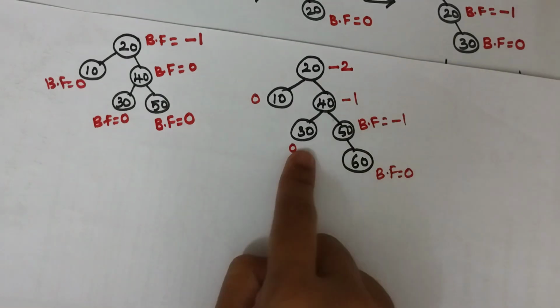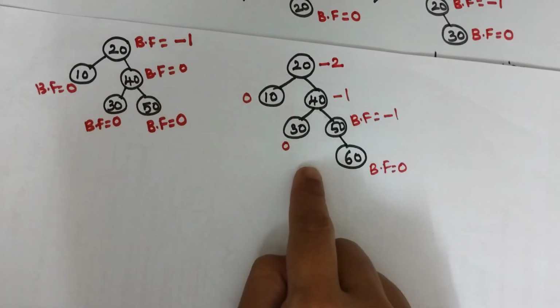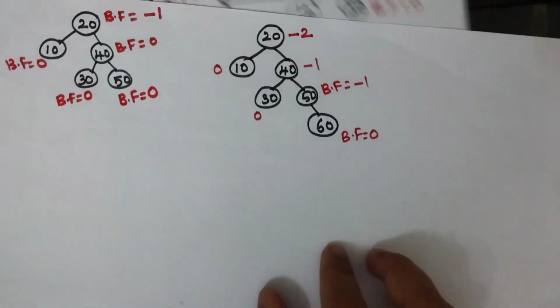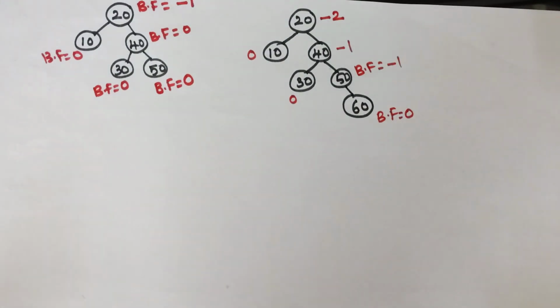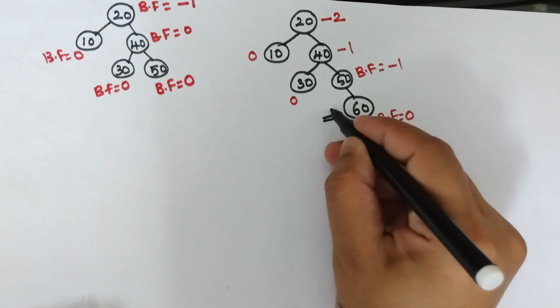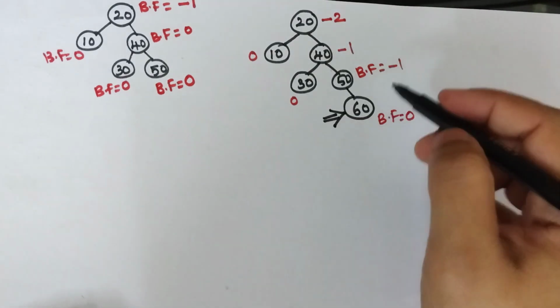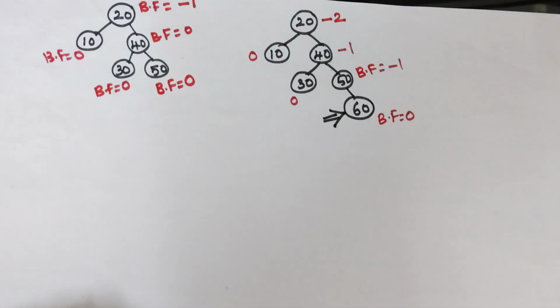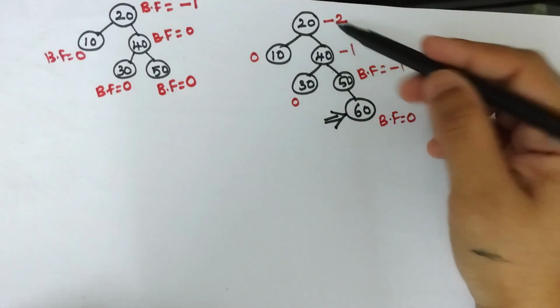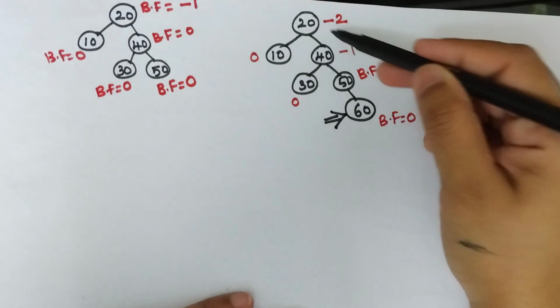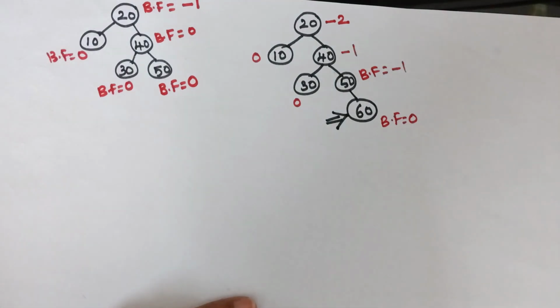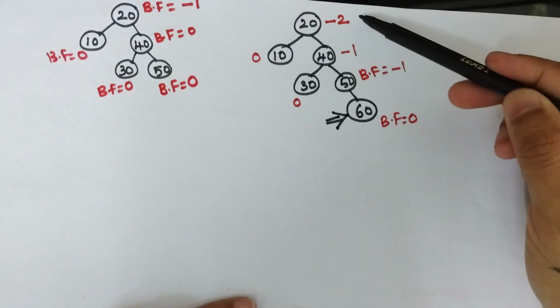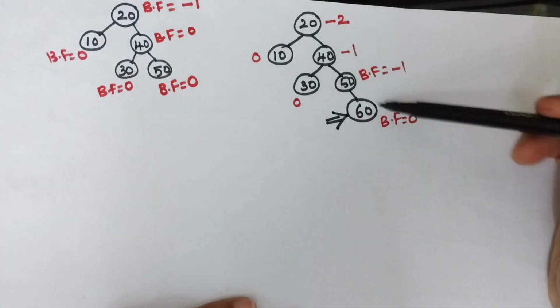If the tree is unbalanced, you need to choose which rotation to apply based on the tree structure. Look at the structure of this tree, where we have inserted the new node 60. After inserting 60, this tree gets unbalanced, and the height is maximum on this side. So we are going to choose 3 nodes starting from this unbalanced node towards the right side.